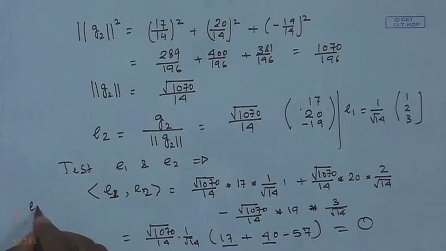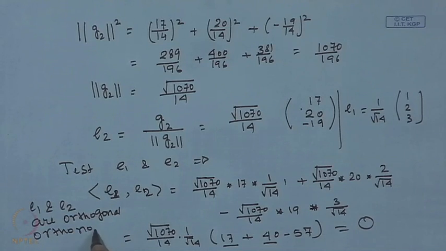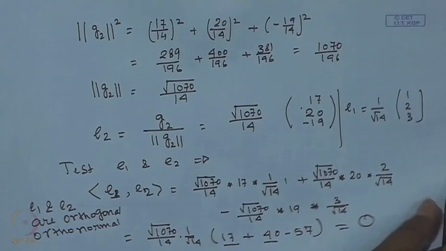That means E1 and E2 are orthogonal, and since each of them is normalized, they are orthonormal as well. Therefore, these two vectors E1 and E2 are the first two members of my target set E.